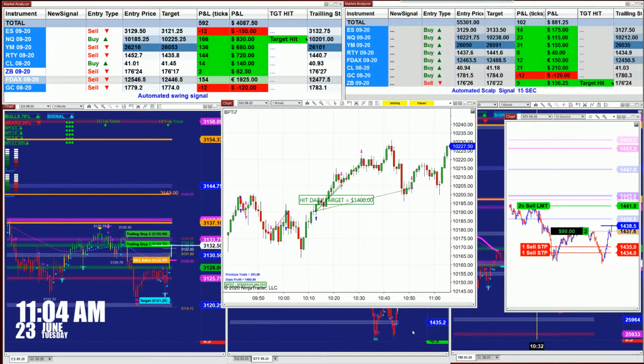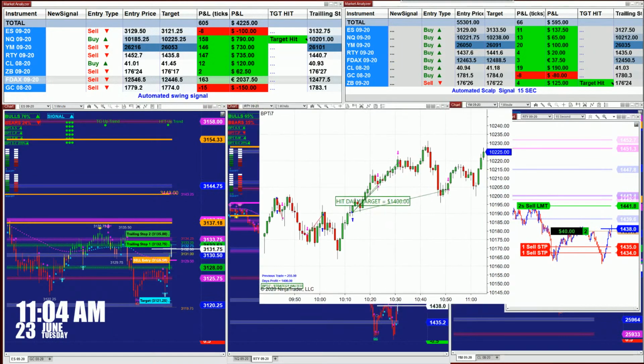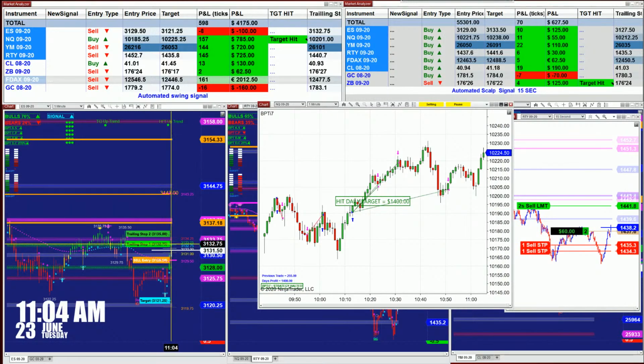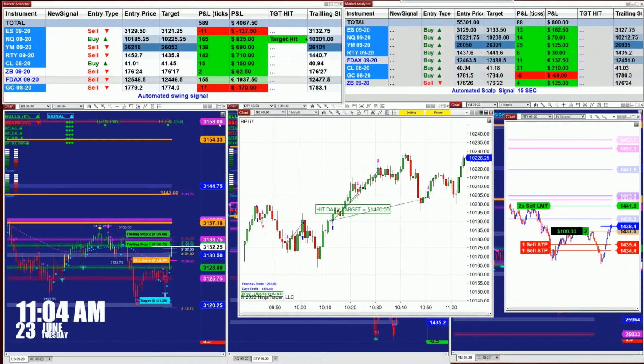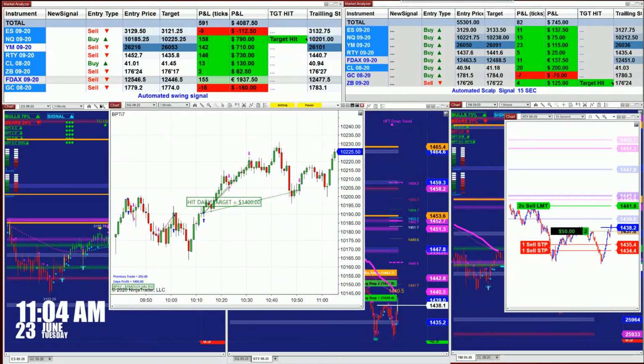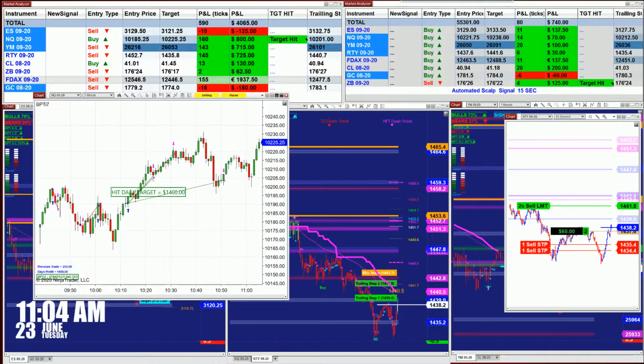Okay, guys, there is not much to do today, and we're done. As you see, the ES never did go up above those levels, and it's obvious what happened today. The support area is 3120, the resistance area is right here, and the ES got stuck in those areas.